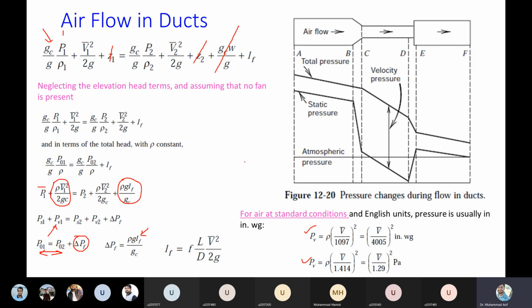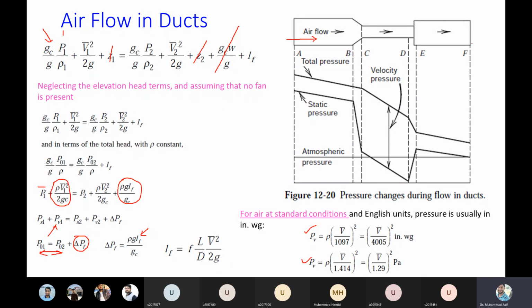This Figure 12-20 is basically a representation of how the pressure changes in a duct. As you can see, this is the airflow through a duct with various sections. For example, first the area is decreasing, then it has a constant area, and then the area suddenly increases.